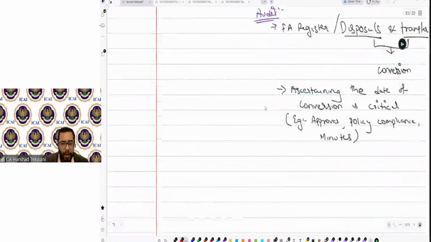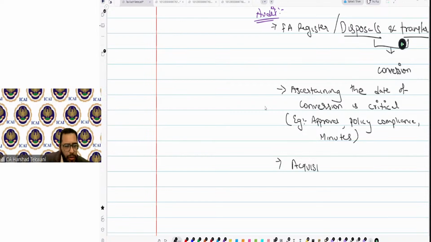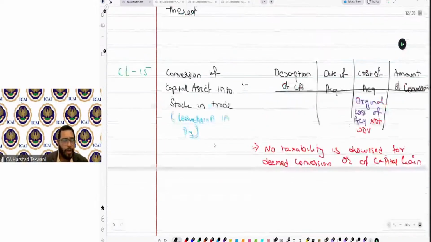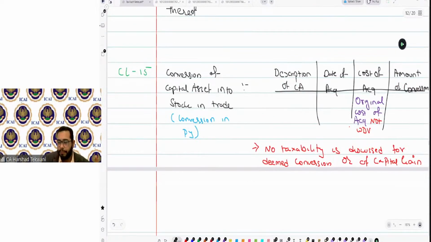So for that, you need to obtain relevant documentation with respect to acquisition of the capital asset. Then only you can identify the cost of acquisition and date of acquisition. So that is with respect to clause number 15.